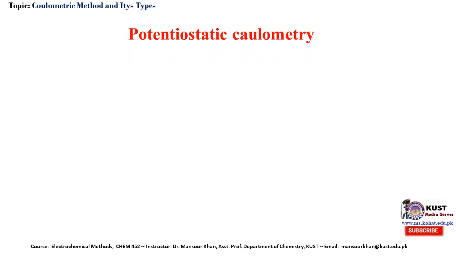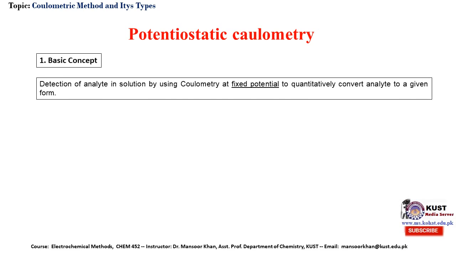Now the second type of coulometric method of analysis is the potentiostatic method of coulometry. So what is the basic concept of the potentiostatic method of coulometry? It is detection of an analyte in a solution by using coulometry at a fixed potential to quantitatively convert the analyte to a given form.